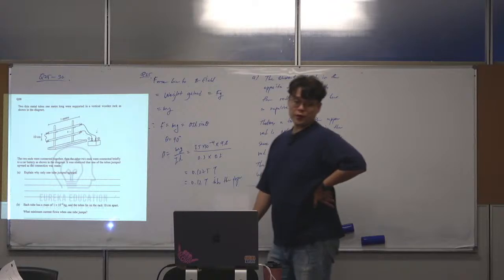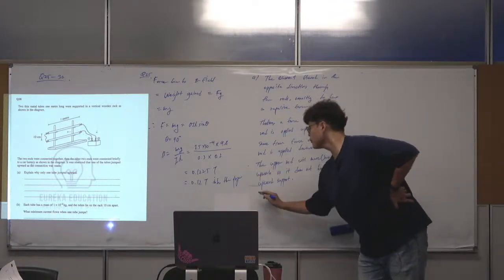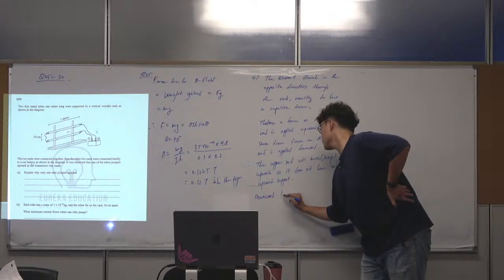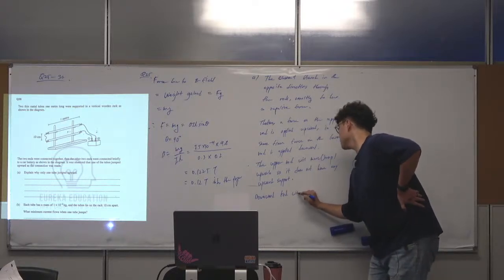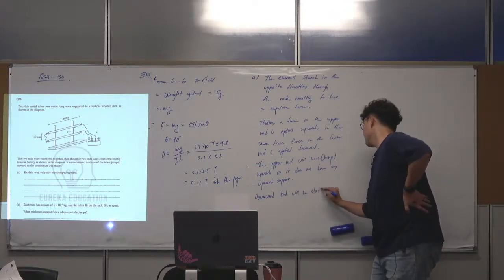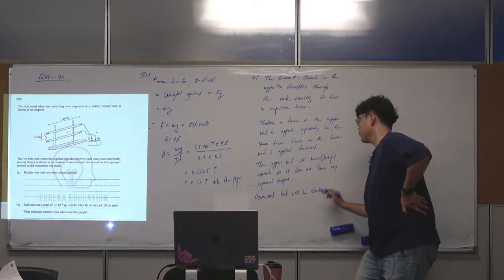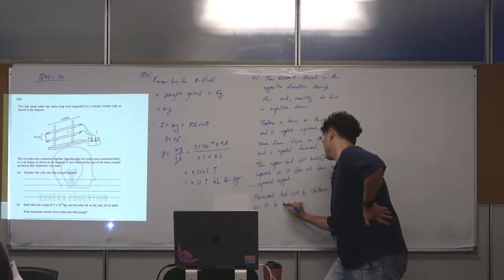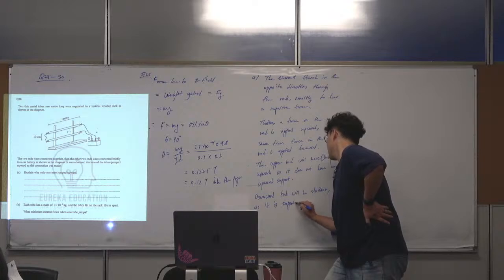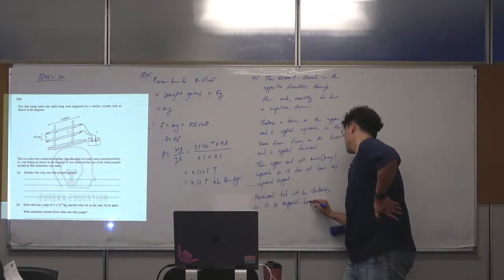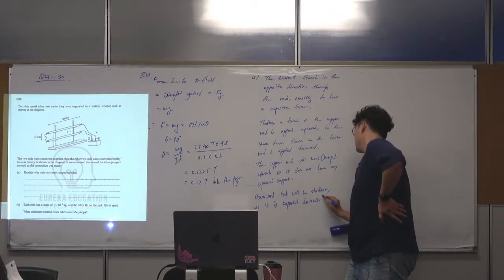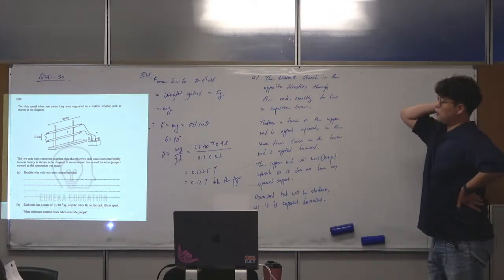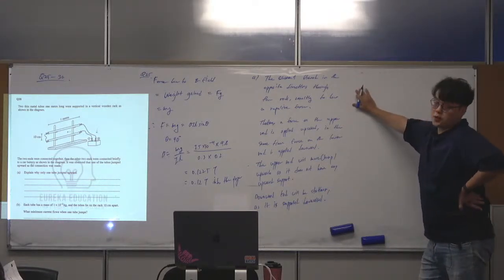But the downward rod will be stationary as it is supported downwards, like this.